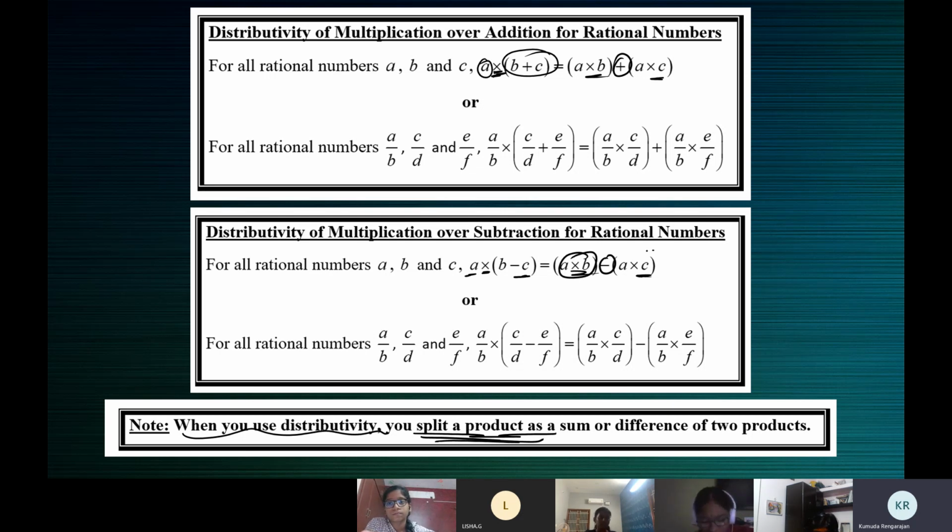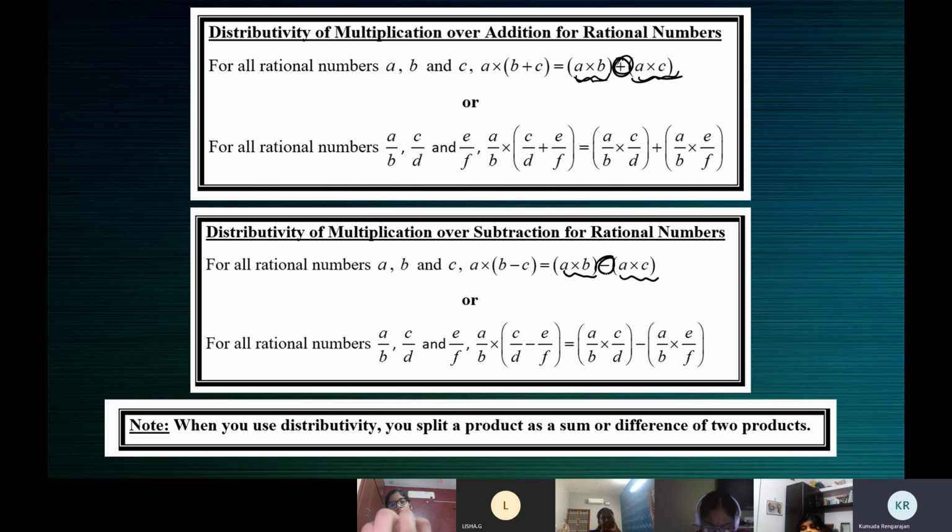See, there's one product here and another product here. So, sum of two products. This is the sum. This is one product, this is the other product. Sum of two products. Difference of two products: this is one product, this is the other product.